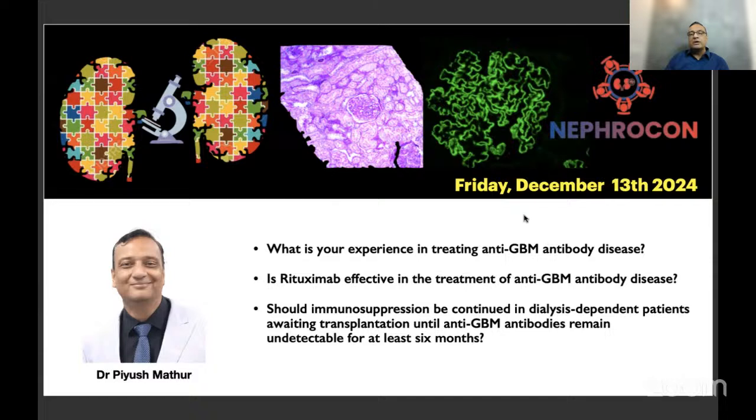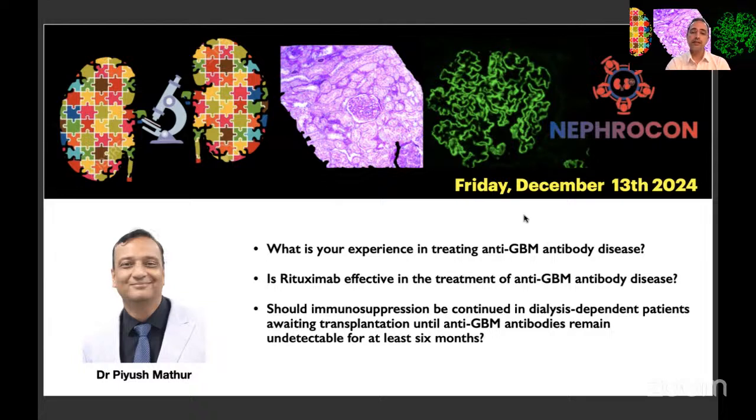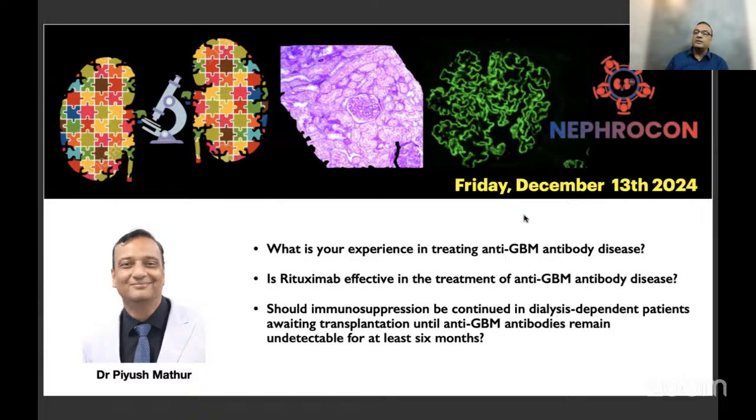Clinically, I think rituximab should be kept for those patients who are refractory to the initial treatment. Absolutely. It is a good drug, in that whatever studies have been done, rituximab has shown that the circulating anti-GBM antibody levels come down significantly. They become undetectable.